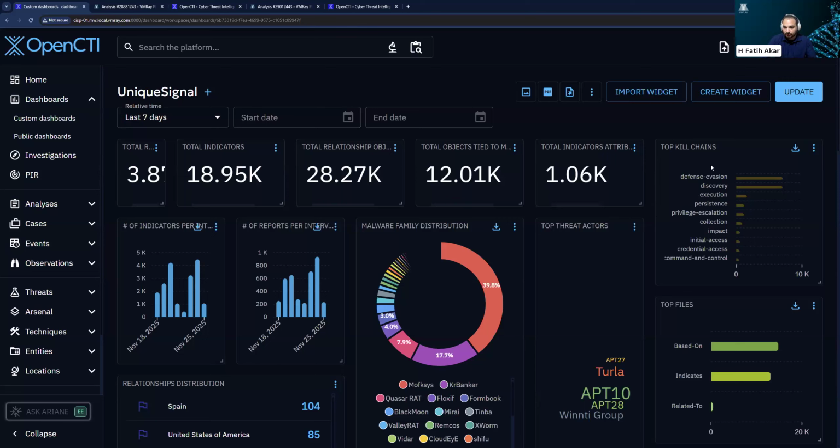The more frequent the behavior is visible, the more it will be on the higher levels of this visualization. And the highest one is defense evasion, and this ties to the story of the VMRay platform, where its evasion resistance plays a really important role.